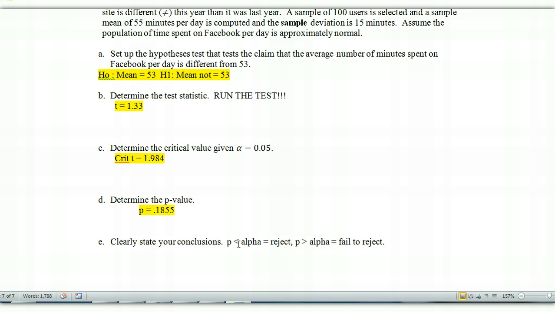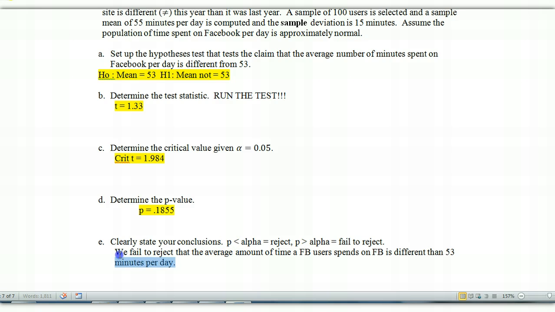Alright, so because the p-value here is greater than alpha, 0.1855 is greater than 0.05, then we would say we fail to reject that the average amount of time a Facebook user spends on Facebook is different than 53 minutes per day. Alright, our data did not support that alternate claim.